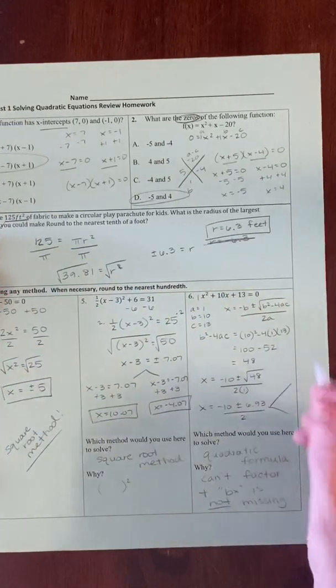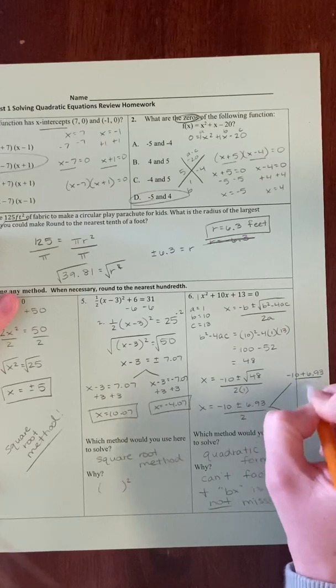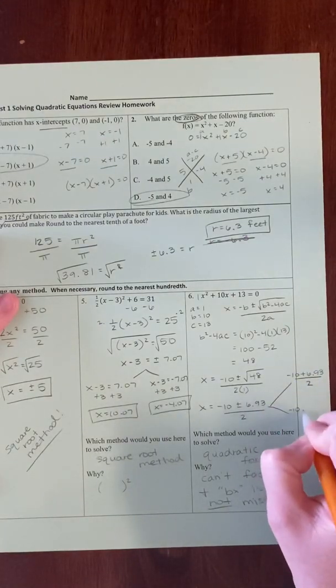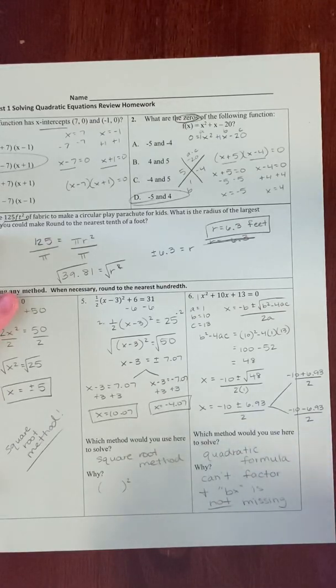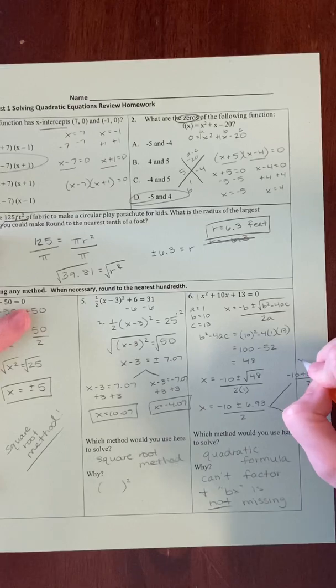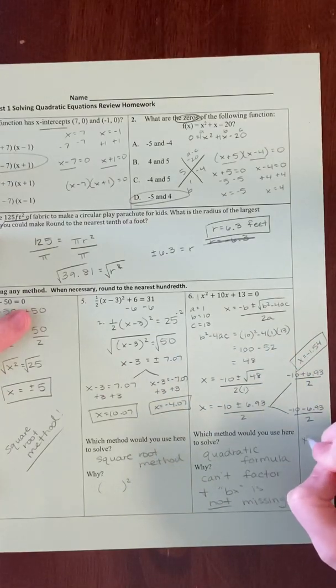And I really have negative 10 plus 6.93 divided by 2 and negative 10 minus 6.93 divided by 2. Okay, and when you solve those, you get x is equal to negative 1.54 and x is equal to negative 8.47.